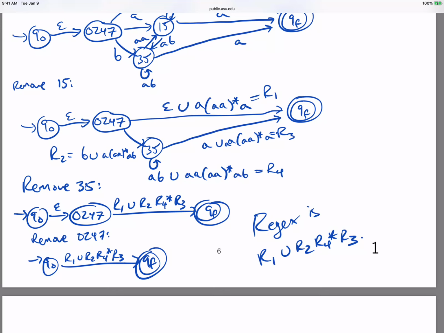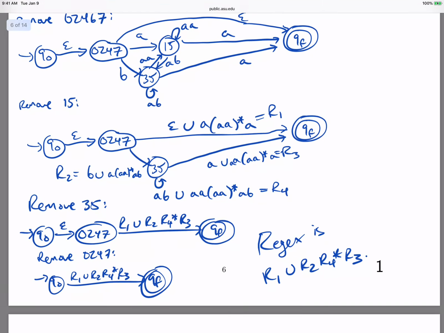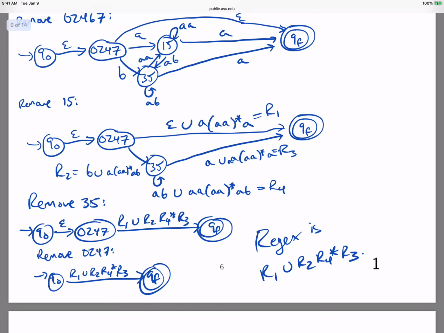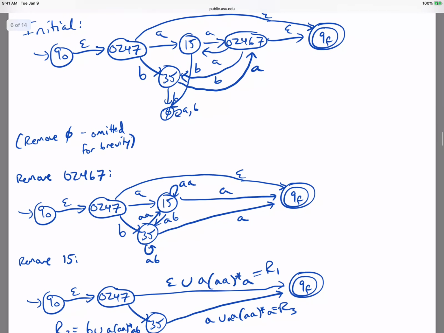No, but will it still be correct if you rip states out correctly? Yeah, so it doesn't matter what order you rip states out in, but all that matters is that you rip correctly, okay? I just ripped it in this order because it looked easy, but your mileage may vary, obviously. Any questions on part C?